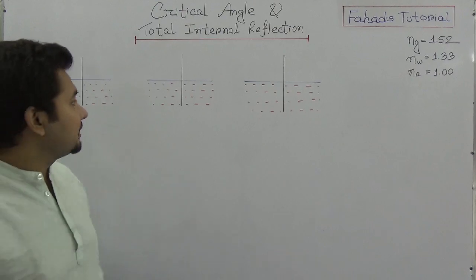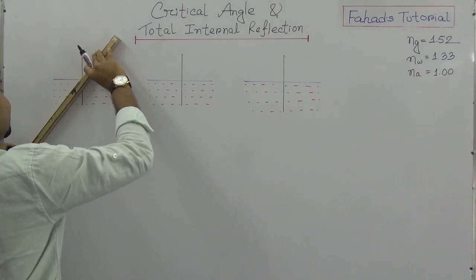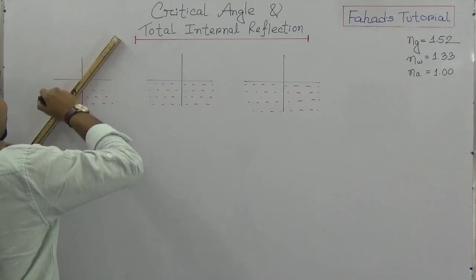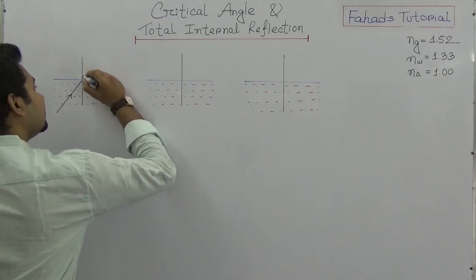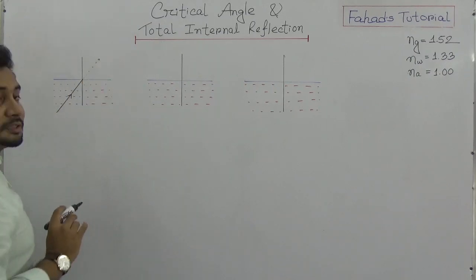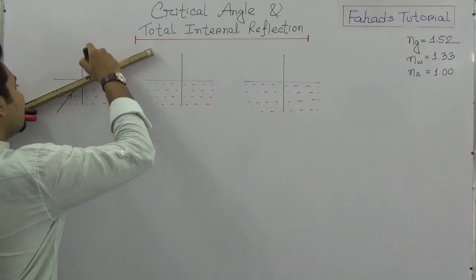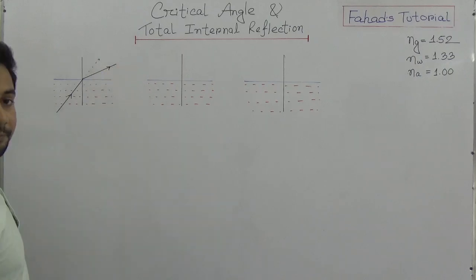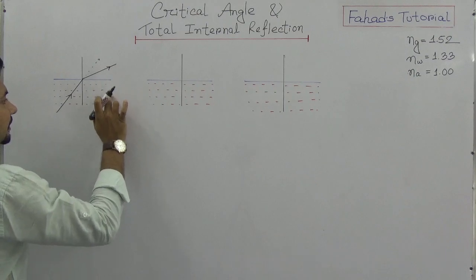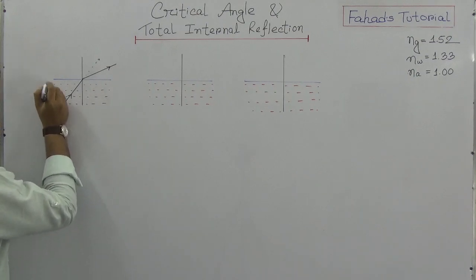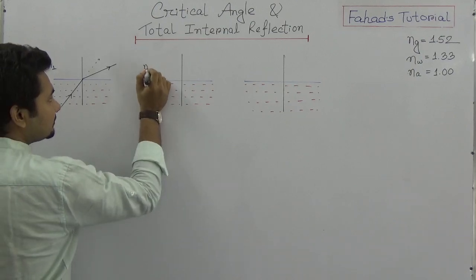So what is going on here? Suppose a ray of light is falling from water to air. Then it would not go straight, it would be refracted in this way. This is N2 and this is N1.